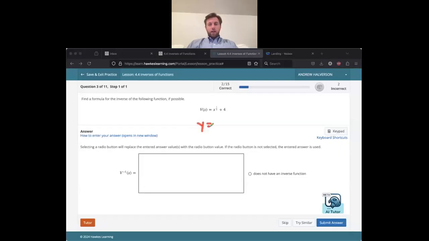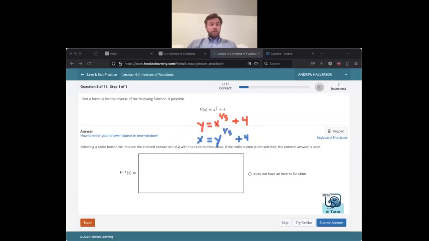So y is equal to x to the 1/5 power plus 4. Freaky Friday, x equals y to the 1/5 plus 4. Solve for y. How am I going to solve this for y?